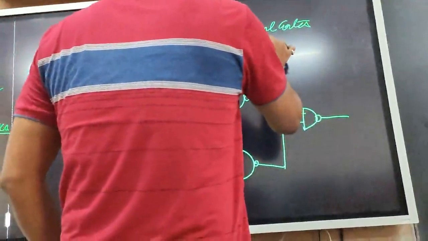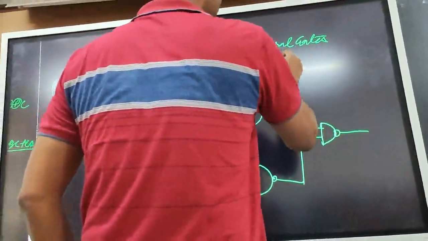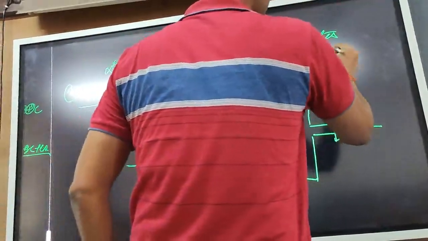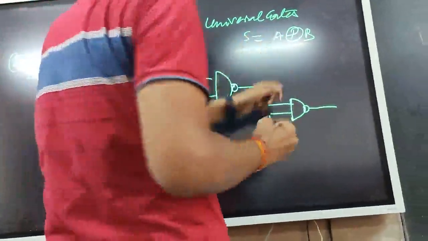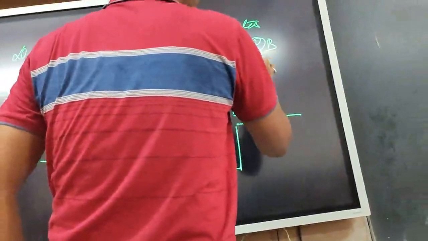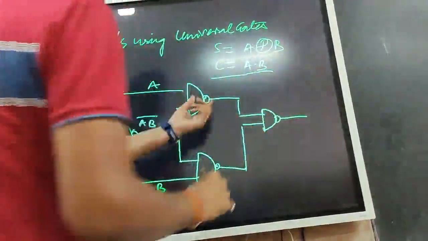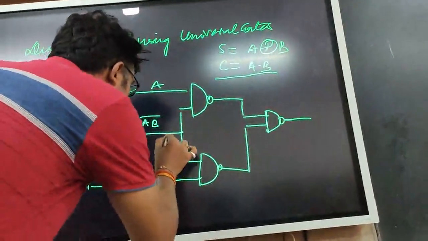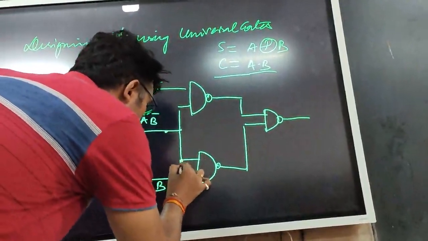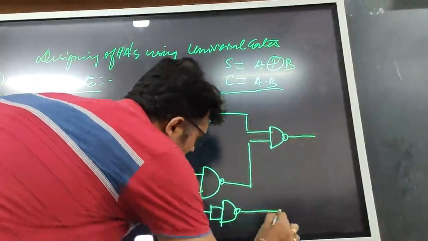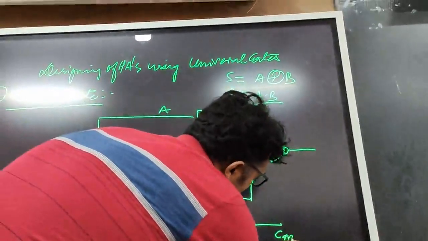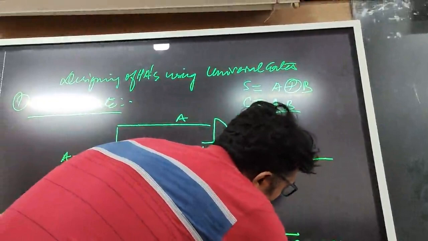What is the requirement of sum and carry during the half adder? For sum it will be XORing of two inputs, and for carry it's ANDing of two inputs. So if we are taking the inversion of this, we can take from here also. Then this will become a carry and this will be AB.